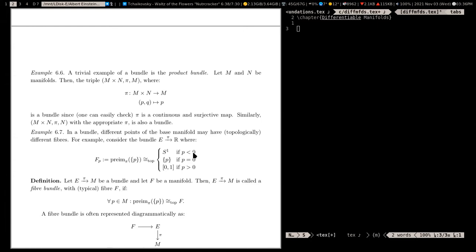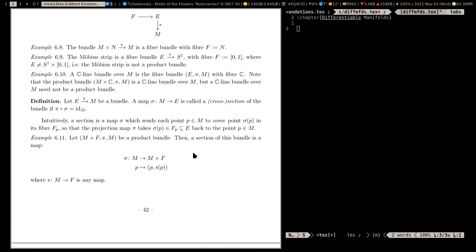Okay, moving on. If you have a bundle, a map going from the base space M to the total space is called a section or a cross section of the bundle. If you compose this map, here sigma, with the projection map pi, you get the identity over the base space, right?